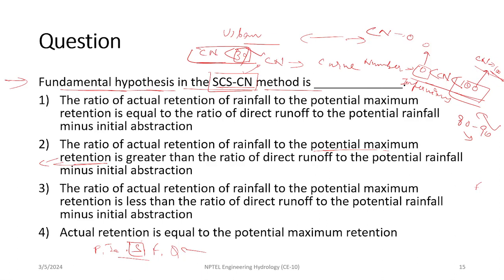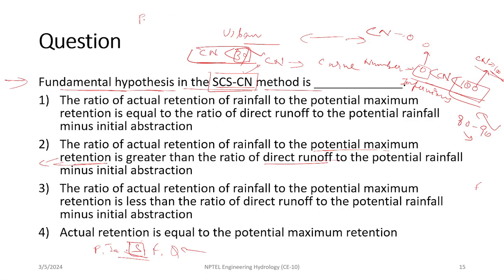I think, like you can see, the ratio of direct runoff. Potential is one. After rainfall, when you subtract the initial abstraction, what remains is potential runoff. Yes, you are right, ma'am. I'm just asking for the abbreviation. You may be remembering one equation in terms of a ratio.